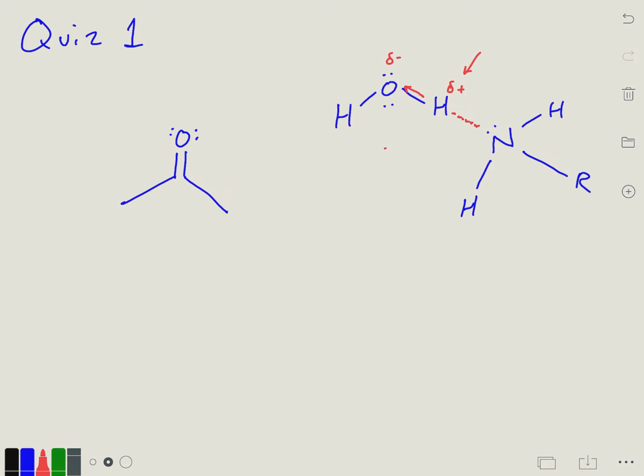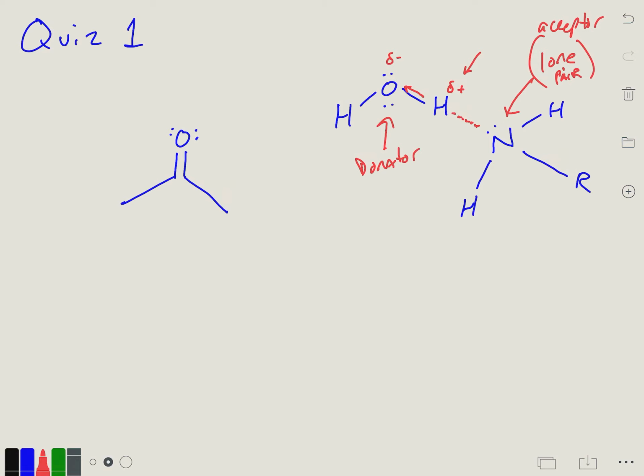We can see the hydrogen bond donor, the atom that actually owns the hydrogen. That's the oxygen. So the oxygen here is the donor. The nitrogen in this example is the acceptor. It's able to get that hydrogen as part of its hydrogen bond because it has a lone pair. And that makes it the acceptor.